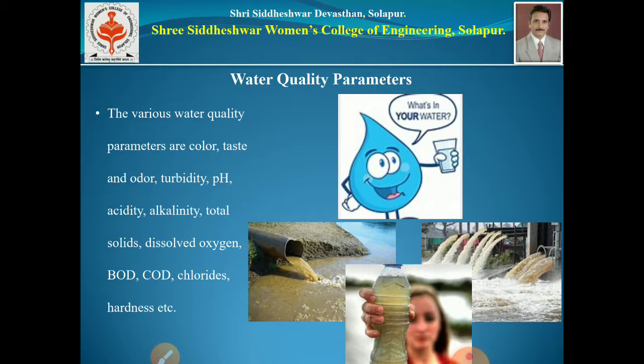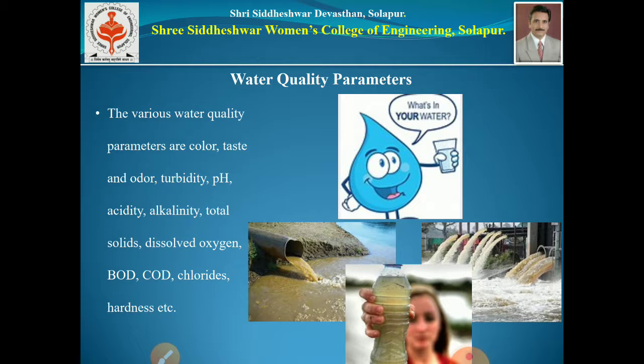Many times you might have observed the water having a certain color, especially in the rainy season, and due to some chemical ingredients in the water, the taste and odor of that water also change. As you see in this picture, this lady is holding a water bottle. That water is not clear, which means turbidity, that is also one parameter.